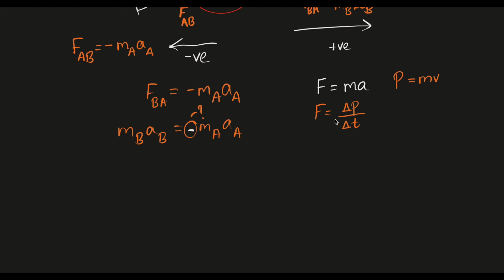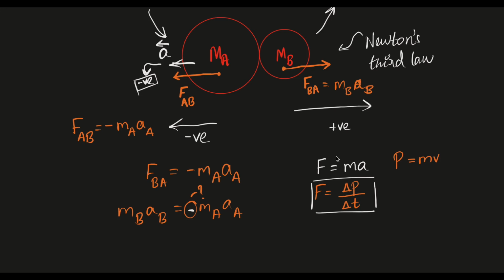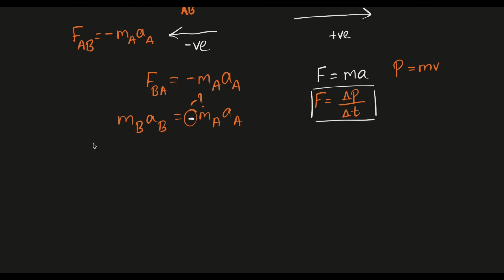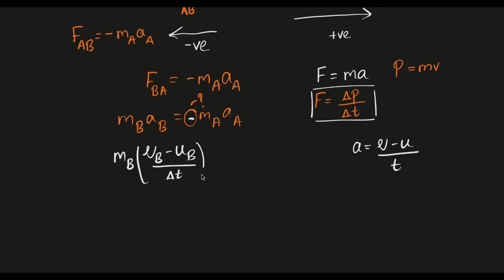Okay, so we know this formula, F is equal to change in momentum over change in time, because we are dealing with momentum in the equation that we need to prove. So in that case, we will look at that. MB is, let's take A, because A is equal to V minus U by T. So that is VB minus UB by the same time.